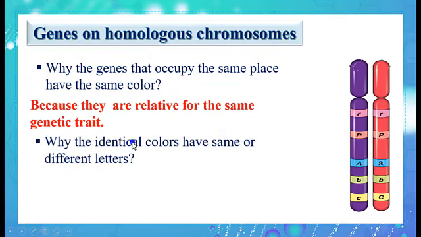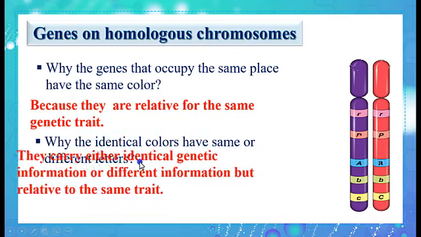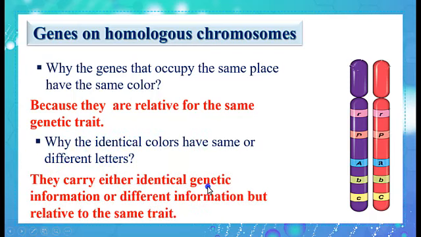Now, why do the identical colors have the same or different letters? Excellent, my dears. They carry either identical genetic information or different genetic information but relative to the same trait, because they are of different origins, one maternal and one paternal.